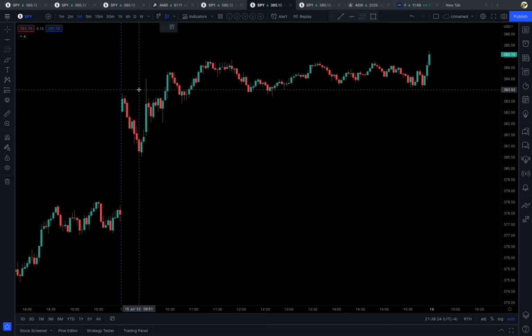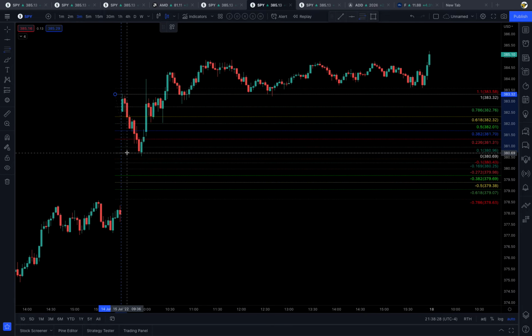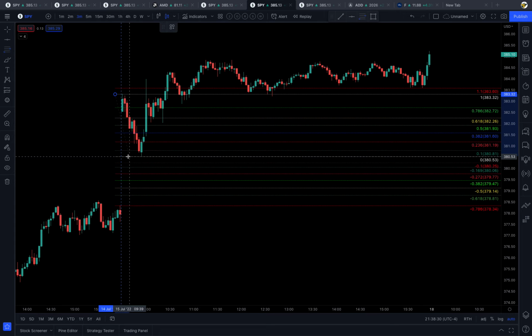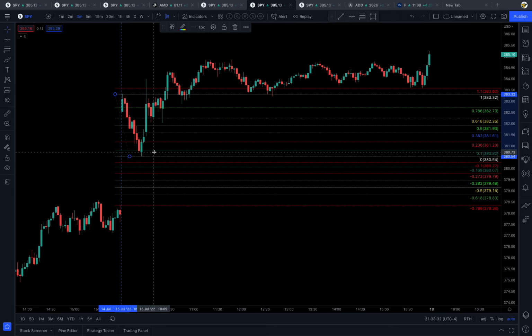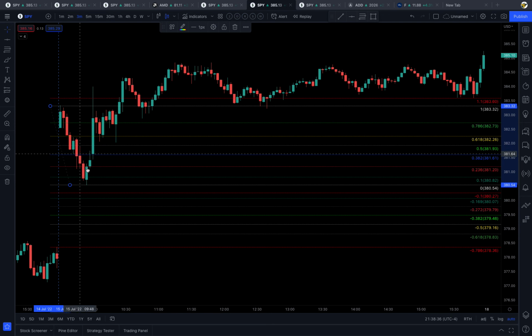So then I'll go back and draw the fibs from the high of the day to the low of the day here. And how I play them, obviously it was a downtrend here, so I'm expecting it to keep going down. No stock will just keep running.